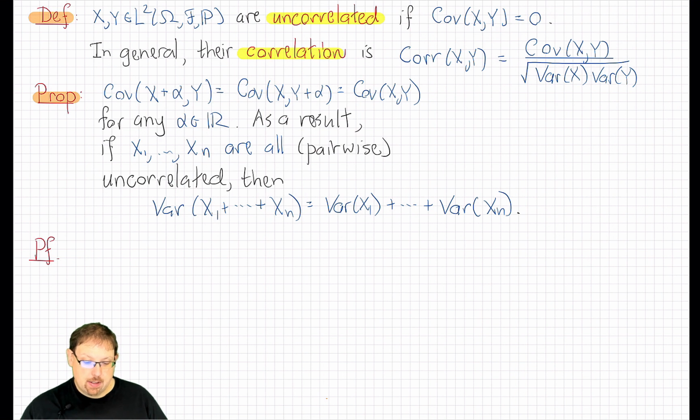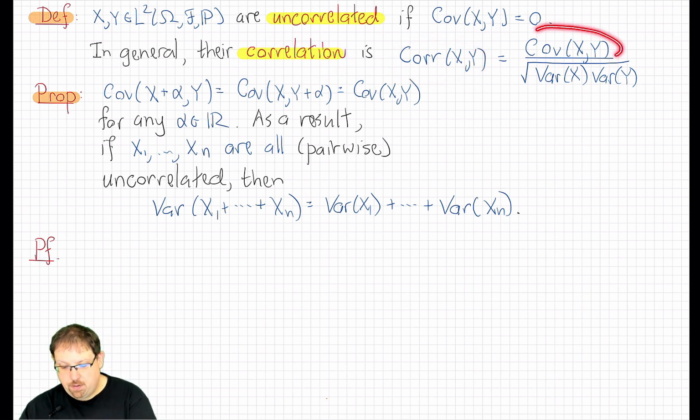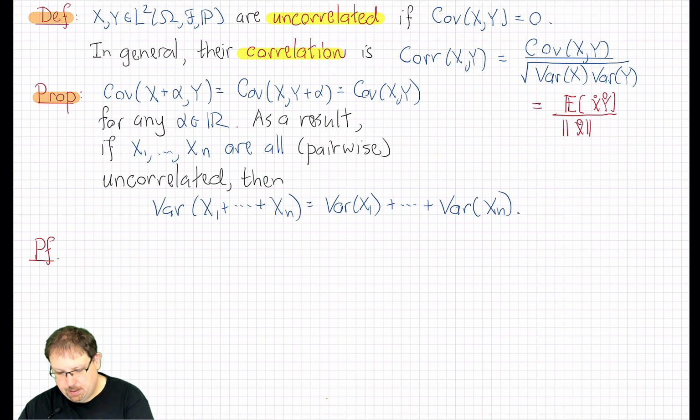Let me note that in general, there is a normalized version of covariance called correlation. The correlation coefficient of two random variables is the covariance divided by the square root of the product of the variances. And we could rewrite that instead as the expected value of the product of the centered versions divided by the product of their L2 norms.